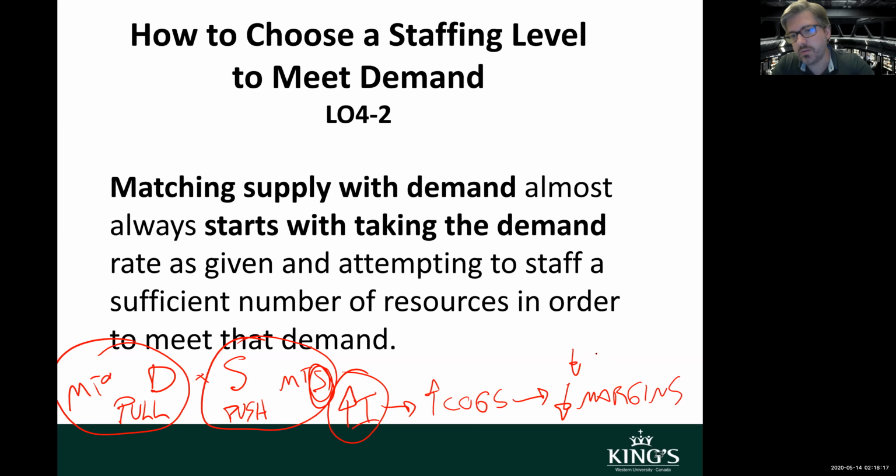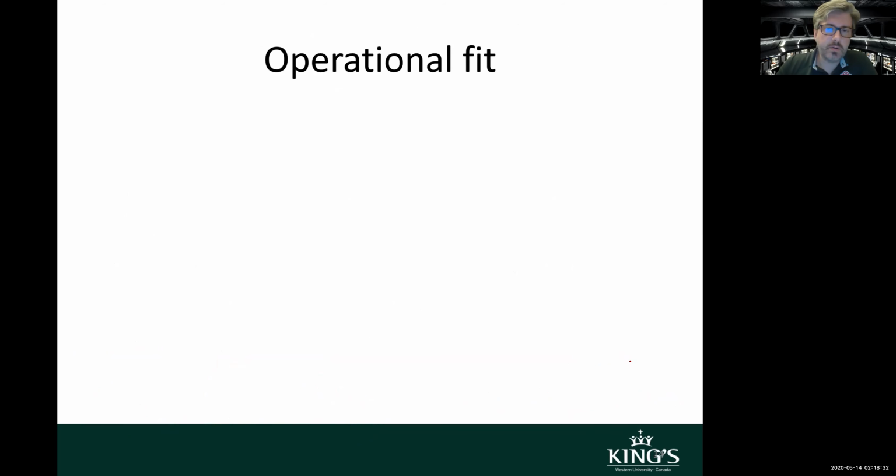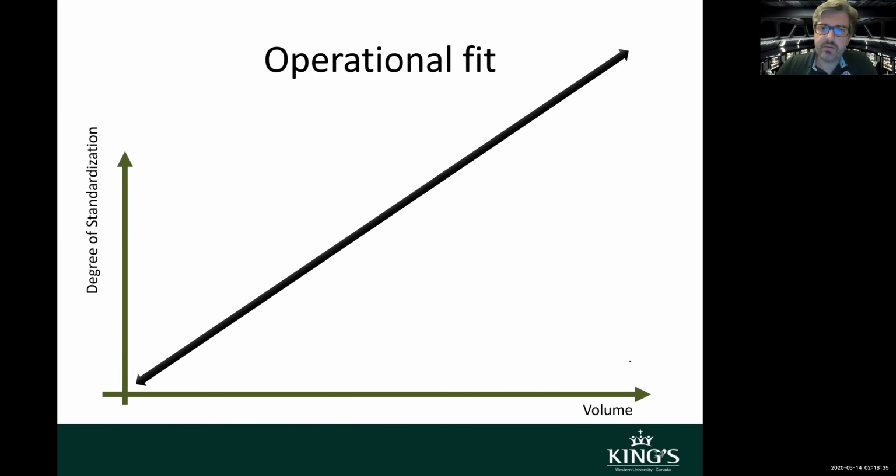Also leads to lower cash and worse cash flow. So ultimately, by looking to the demand and then adjusting to the demand, we're reducing inventory and then we're reducing COGS. So very important to think about this is that idea of operational fit.